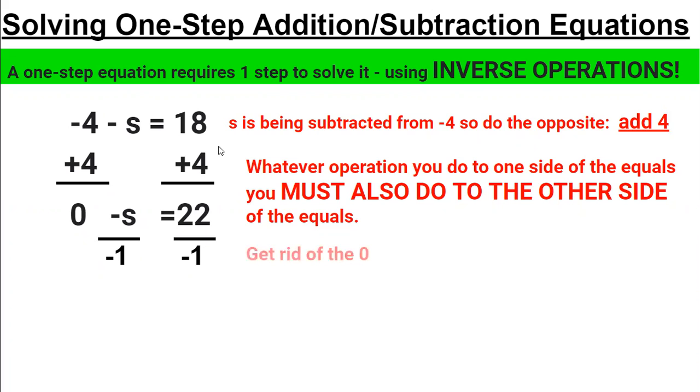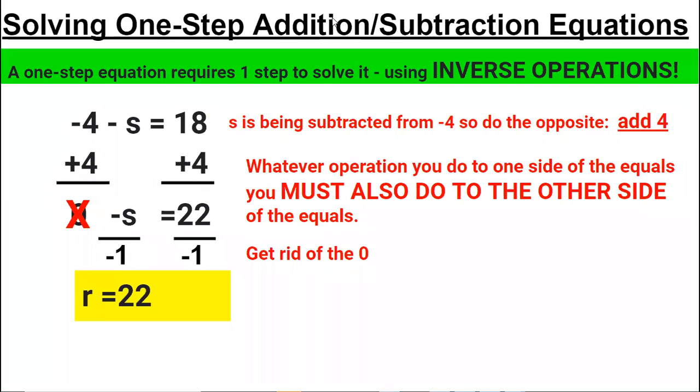So got rid of the 0, and then we divide a negative by a negative, we get a positive. So it should be S equals negative 22, because if you divide positive 22 by negative 1, you get negative 22.